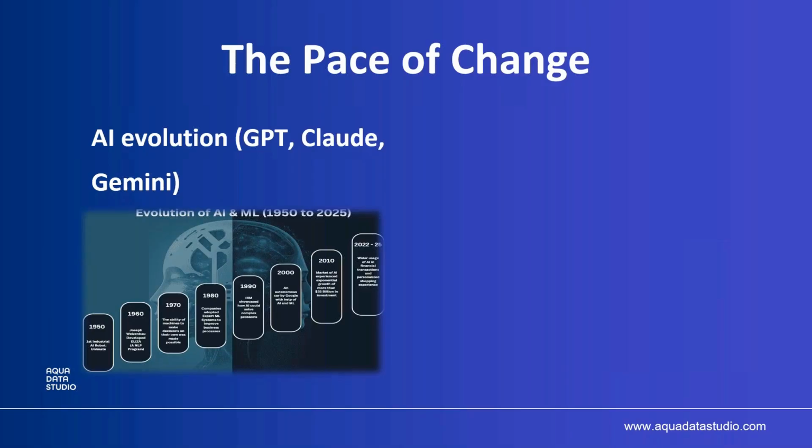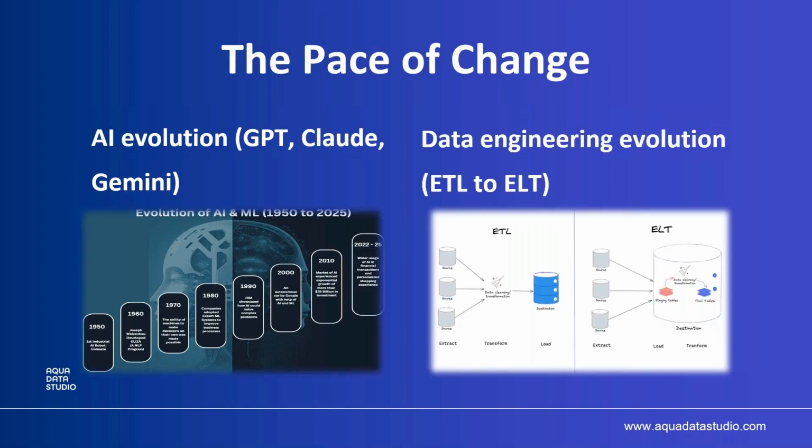We have seen the same behavior in data engineering. For a decade, ETL, or extract, transform, and load pipelines dominated. Then cloud warehouses emerged, and the conversation shifted rapidly towards ELT, extract, load, transform, and modern transformation frameworks. Companies with flexible data pipelines adapted almost immediately.